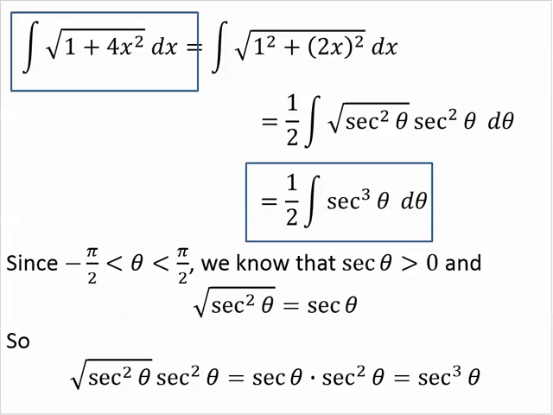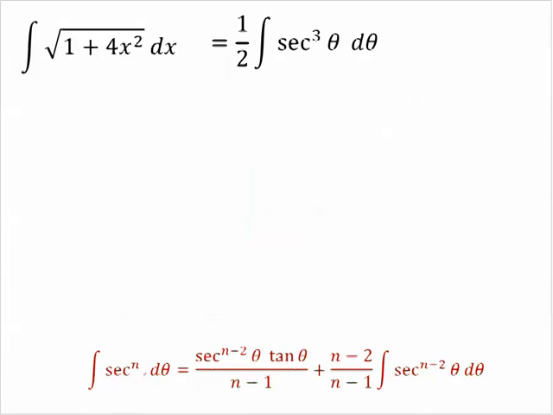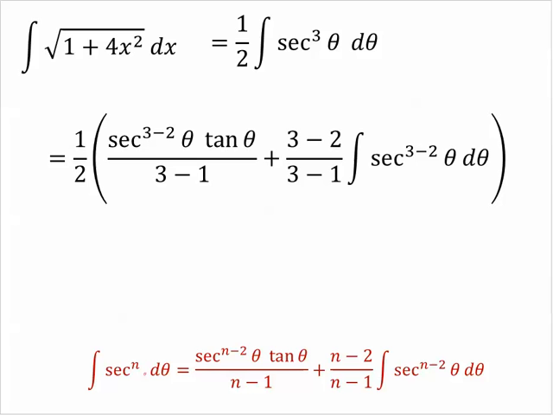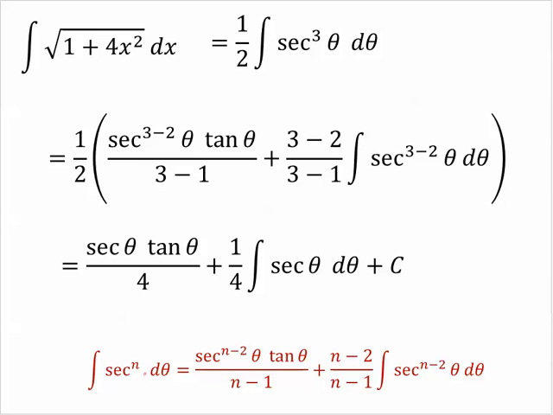All right, so this is where we are. And where do we go from here? Well, the easiest thing to do is to use a reduction formula with n equaling 3. After you use the reduction formula, you're going to have to simplify. So 3 minus 2 is equal to 1.